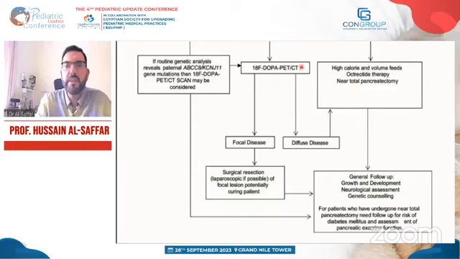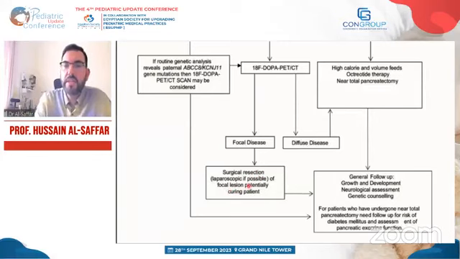But if it's paternally inherited, then we will move on with the 18F-DOPA PET CT scan. Unfortunately, it's not available in all countries, so there are certain centers in the world where they perform this scan. If it's focal disease, then we do surgical resection, laparoscopically if possible, depending on the skills of the surgeon that we have access to.